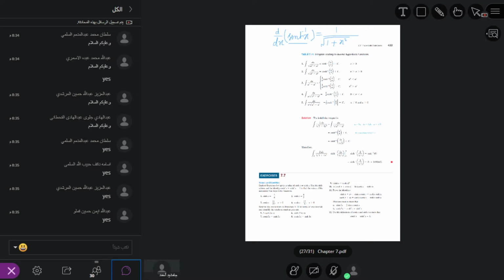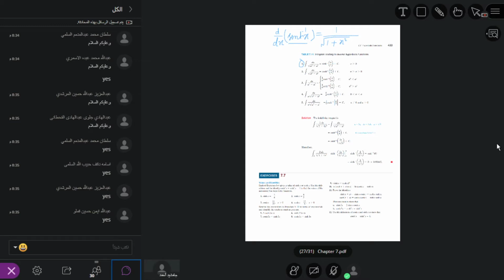So here you can see, in the first part we are finding the integral of 1 divided by square root of a square plus u square. So here we are doing the same thing. On the place of 1, if we put a, it becomes 1 divided by square root of a square plus x square. For this case, it becomes the derivative of sine hyperbolic inverse x divided by a.